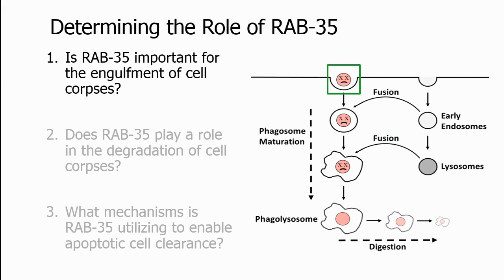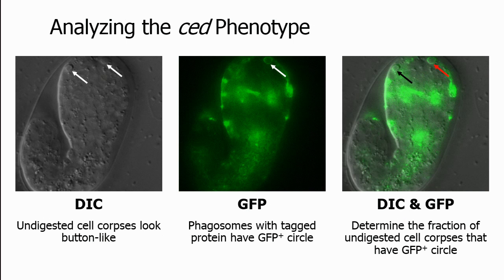So to begin with, I want to talk about whether RAB-35 is important for the engulfment of cell corpses. To do that, we look at the embryo under two different channels. The first, which I've shown you before, is this DIC channel. And under it, these undigested cell corpses are very refractile, so they look bun-like, as I mentioned previously. But if we want to see if there's a protein that's recruited to the phagosome, phagosomes directly surround these cell corpses.